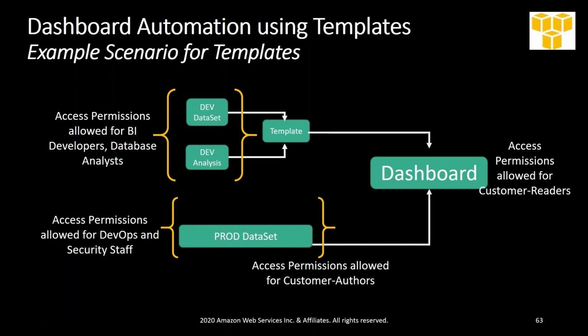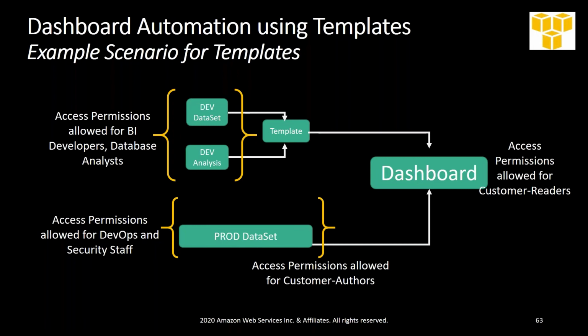You can put variables in there so that automatically, when the set of all these analysis objects and dataset objects are moved from one environment to another, the variables will get replaced and it will point to the corresponding dataset for that environment. If it is in staging, it can point to the staging database. If it is UAT, it can point to the UAT database and so on.